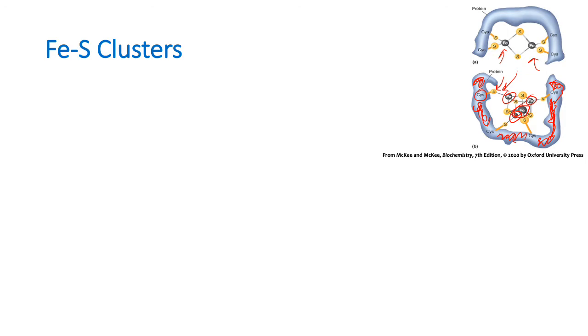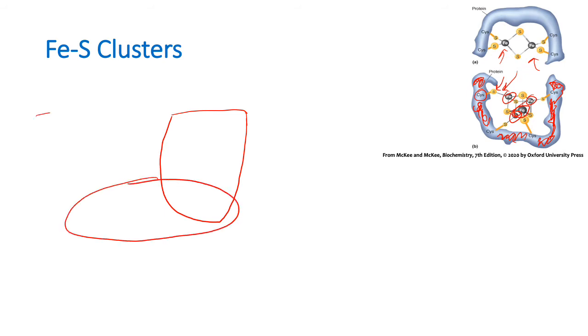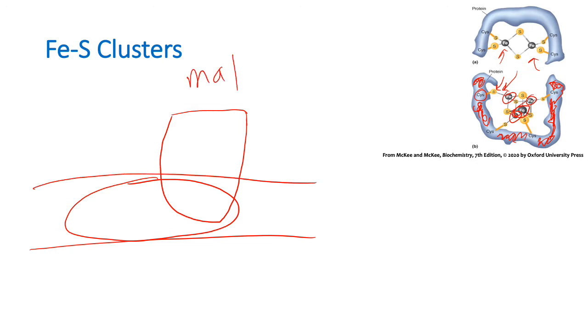And recall that these series of iron-sulfur clusters are part of... let me see what I'm trying to draw here. So here's your membrane, here's your matrix side, like where the citric acid cycle is.